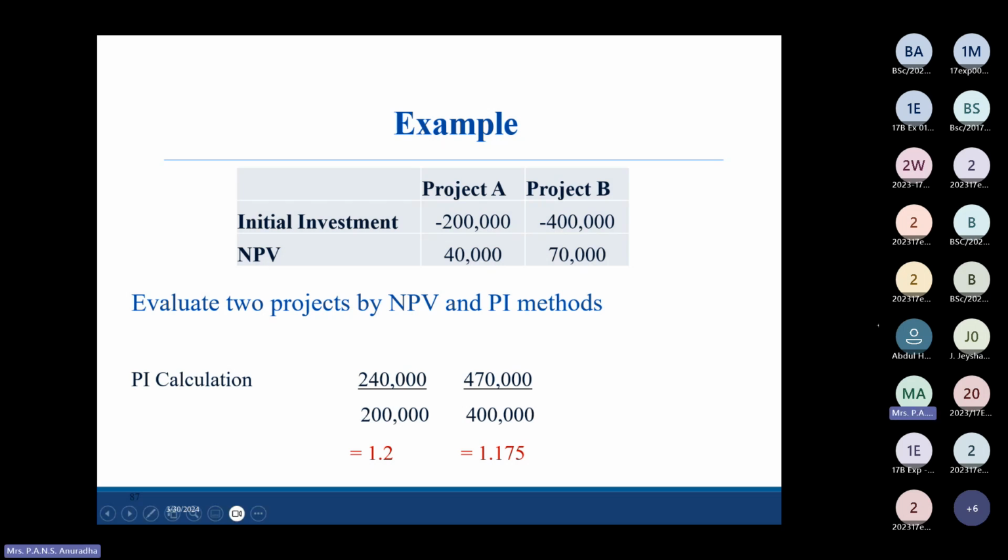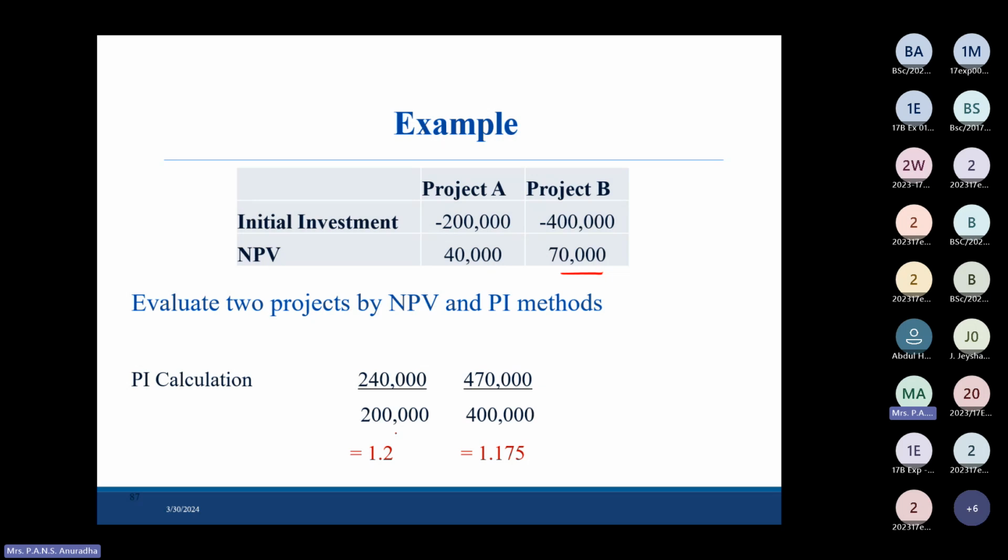Now you can see the problem. According to the NPV, project B is recommended because of the high NPV value. But according to the PI index, which project should you accept?